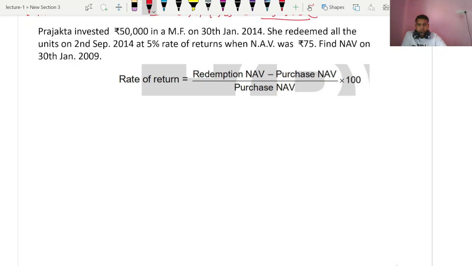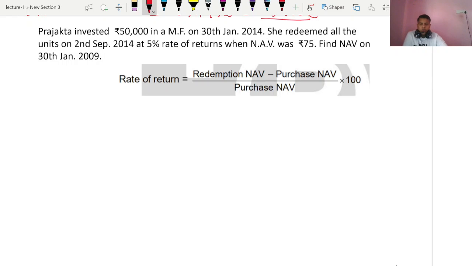Prajakta invested 50,000 rupees in a mutual fund on 30 January 2014. She redeemed all the units on 2nd September 2014. Redeemed means she sold all the units on 2nd September 2014 at 5% rate of return when net asset value was 75 rupees.